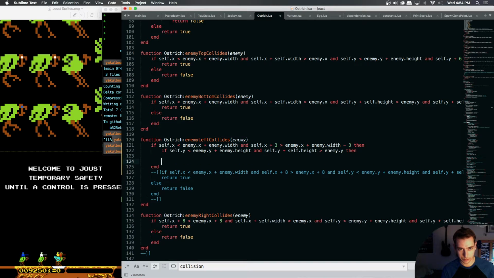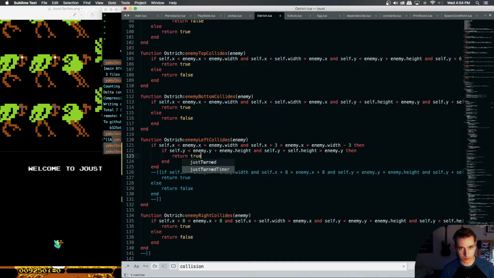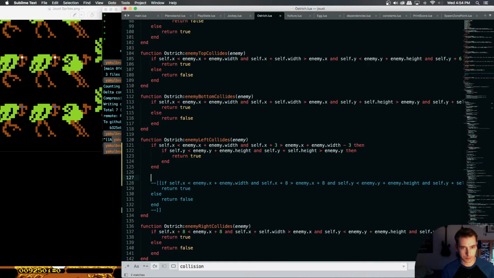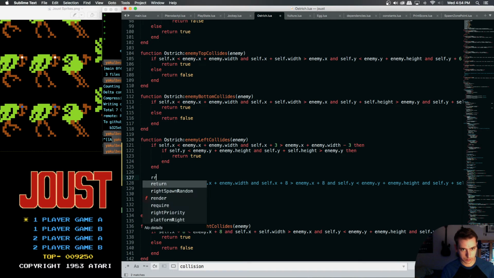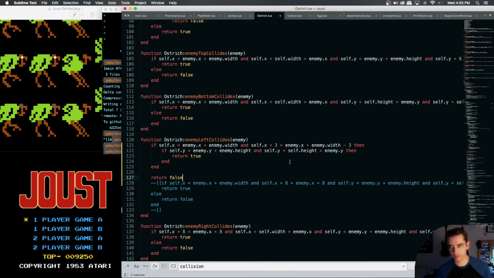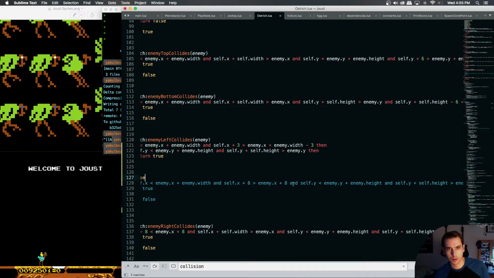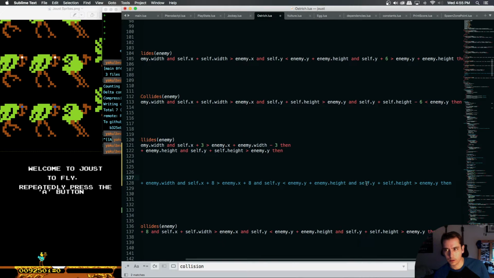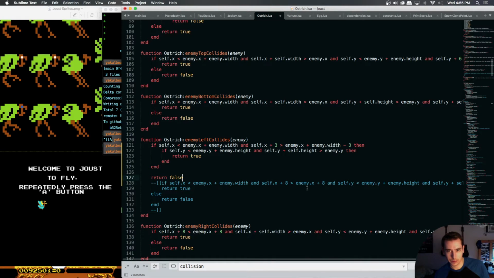And if both of those are true, we return true. Otherwise, return false. Okay. See, so it looks like we had our Y collision correct, but our X was getting modified by this +8 for some reason.